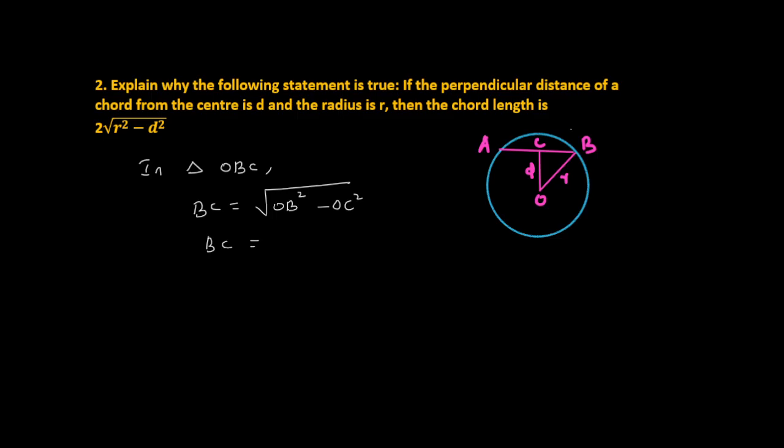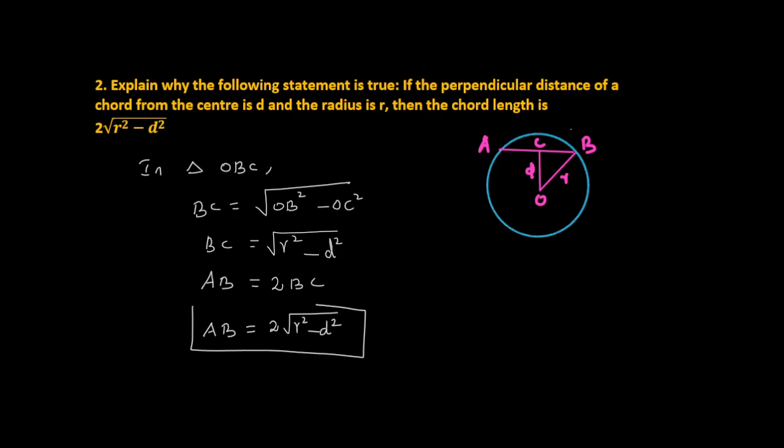So BC is equal to the square root of OB squared, that is r squared, minus d squared. Then AB length is equal to twice BC. So the length of AB is equal to 2 times the square root of r squared minus d squared. So the statement is true.